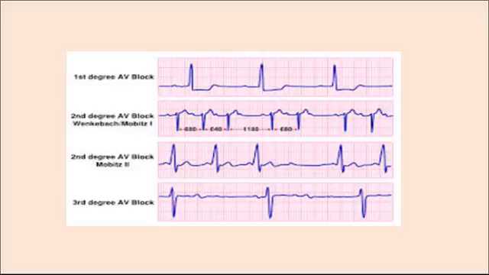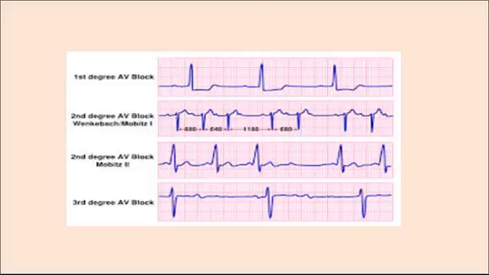All of these here on this screen are AV blocks, atrioventricular blocks. So somewhere between the SA node and the impulse getting to the AV node, something is blocking that pathway. If we're looking at our SA node impulse to our AV node, we're timing it as a PR interval, which is 0.12 to 0.20.